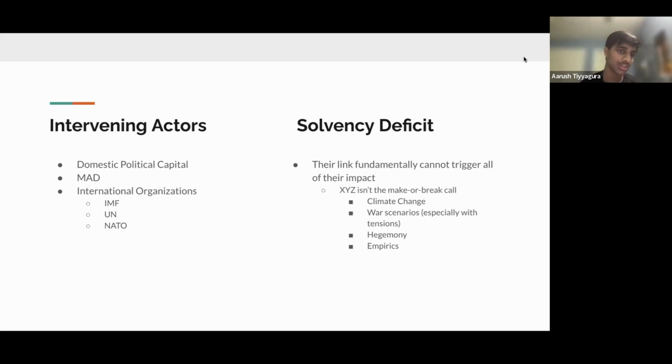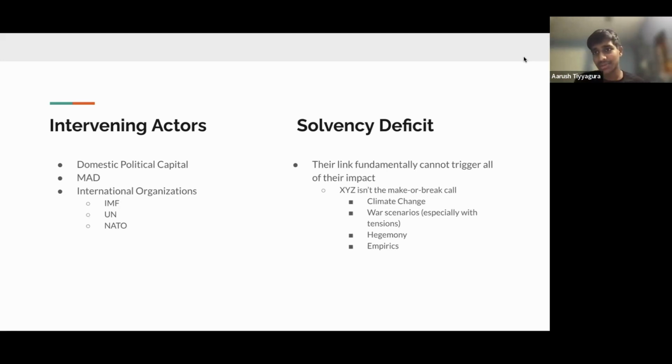Or mutually assured destruction, which, to go back to that ICC Ukraine example, is like, hey, even if we don't broker a peace deal right here, right now, because both Russia and the US know that if they launch nukes, everyone dies, they're not going to launch nukes, which means there's no nuclear war, which means they don't get access to their impact. And then finally, international organizations.